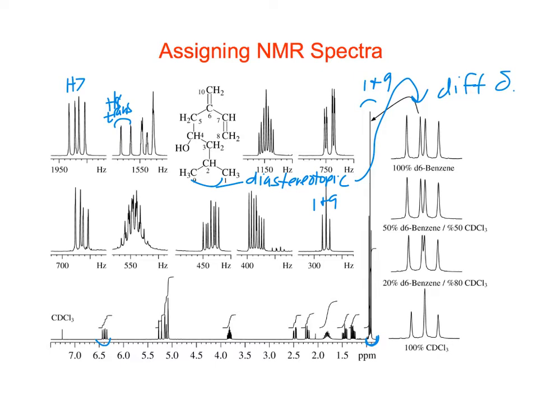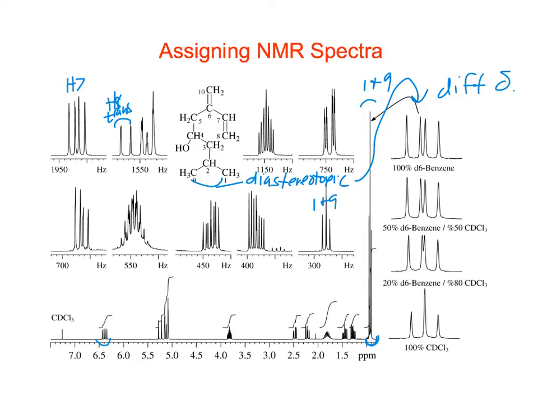Okay, now the other ones are all overlapped, so they're more challenging to find. Let's mark the smaller coupling constant here and slide it over and see if we can match anything. So that one doesn't.